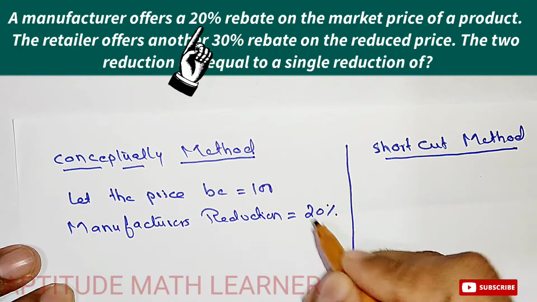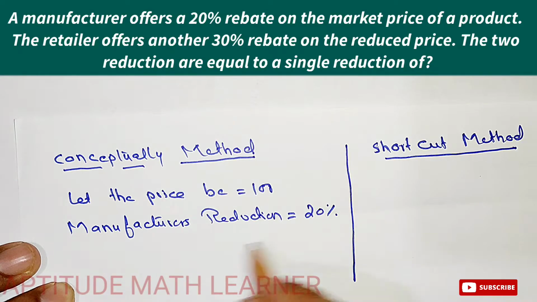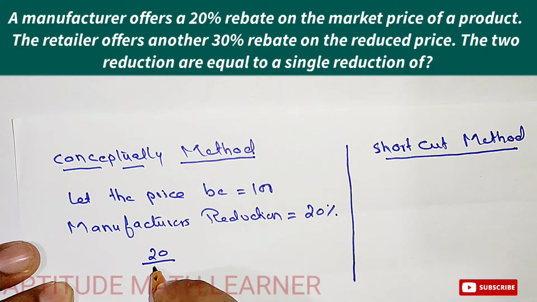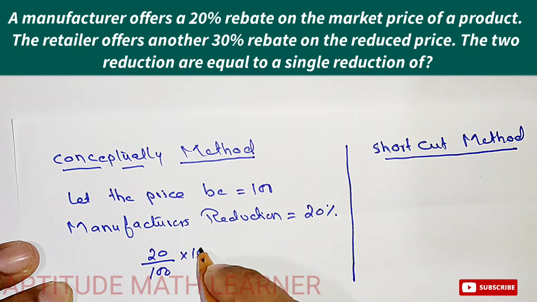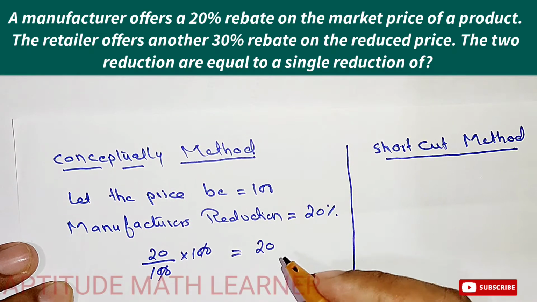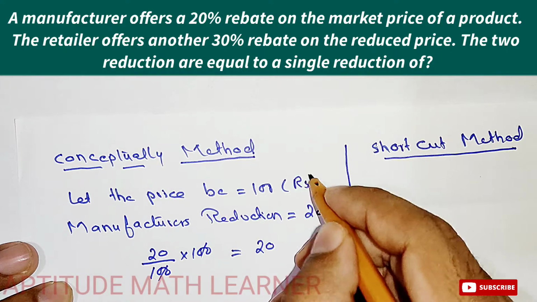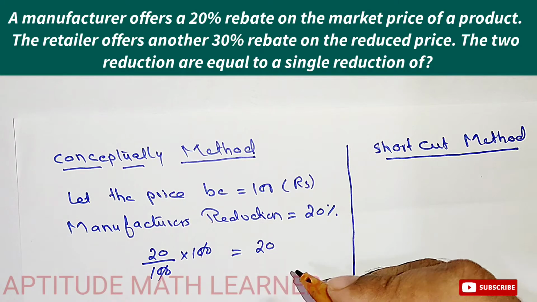So 20% of the main price 100, how much will it be? The 100 cancels out, so this becomes 20 rupees.